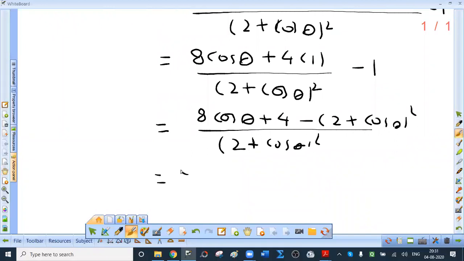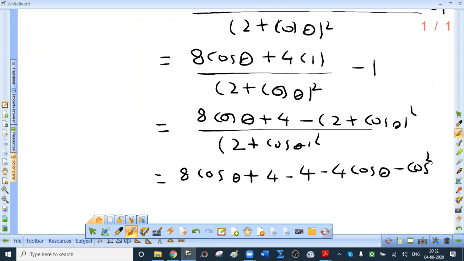So this is 8 cos theta plus 4 minus. Now I will write this directly. What is the square of 2 plus cos theta? It is basically 4 plus 4 cos theta plus cos square theta. So if you subtract, then you get minus 4, then minus 4 cos theta, minus cos square theta.